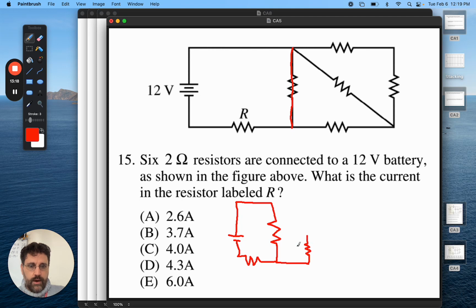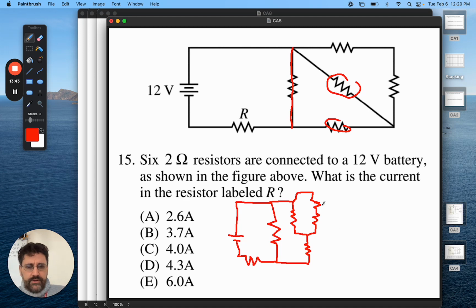Okay. That one I drew is this one right here. Now you go back through that, and there's another branch, and one of those branches has one resistor on it. That's this one. And then one of those branches has 2 resistors on it. Yeah. There. That's the other branch.